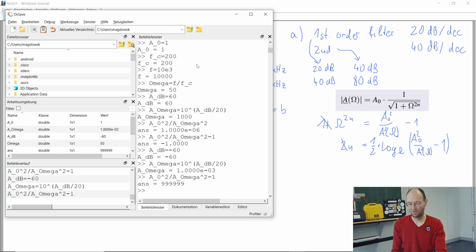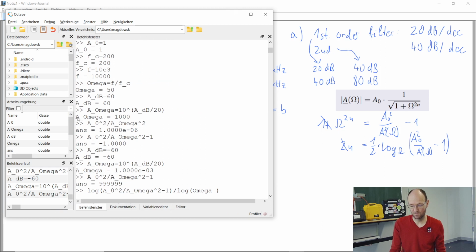Okay, so now from this, we need to take this logarithm to the base of omega, and then half of this, and this should give our filter order. So we take any log of this, divided by the logarithm of omega. And I need to have more space here for typing.